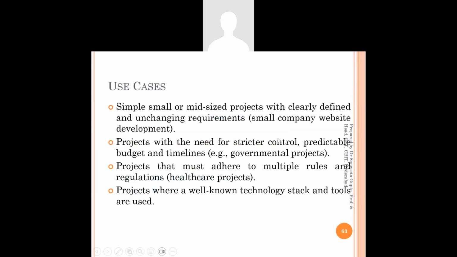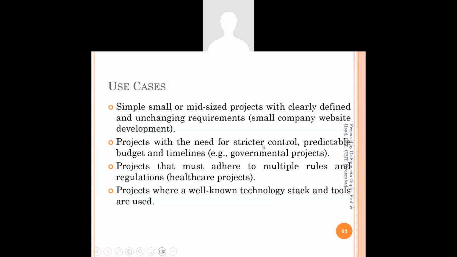When we give examples for this waterfall model, they are projects which are small or mid-sized with clearly defined and unchanging requirements. These sorts of requirements only can prefer the waterfall model. If there is a need to keep changing the requirements, then in such cases, the waterfall model is not suitable.